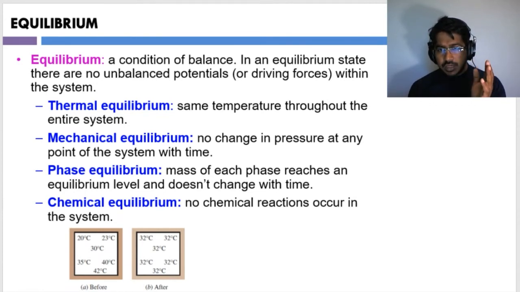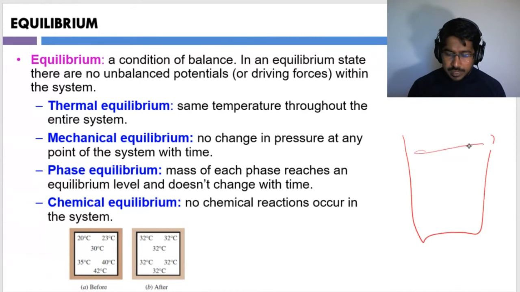With time, if the pressure does not change, then it is in mechanical equilibrium. Obviously, if we draw the coffee cup like this, the pressure from this point to this point will change, but with time it would not change. Like t equals 0, t equals 1. Again, every time the pressure at this point will be the same.